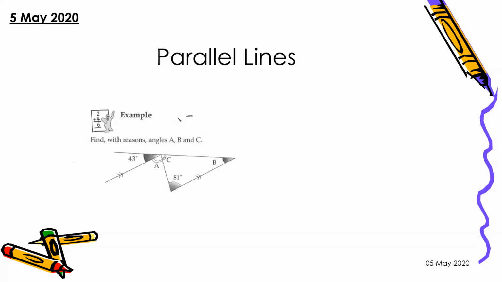Okay, hopefully you gave it a go. First of all, A, we can use this, that we've got a parallel line here, a transversal line that runs this way. So A must be equal to 81 degrees.